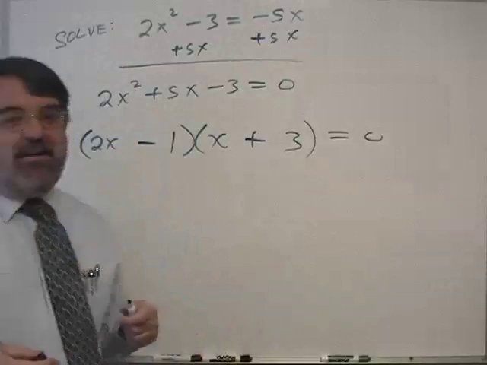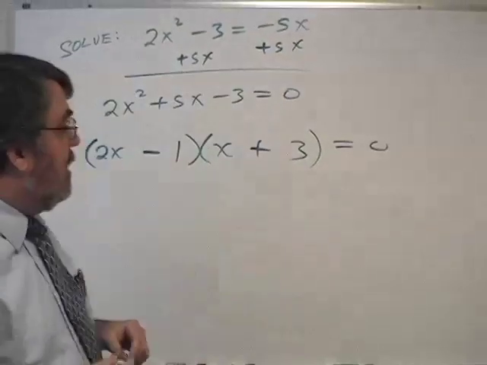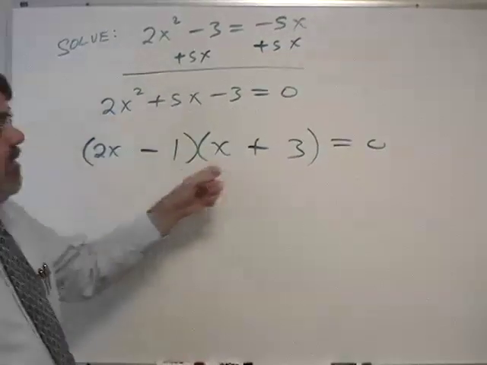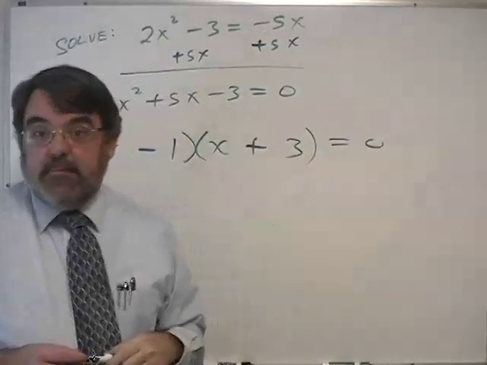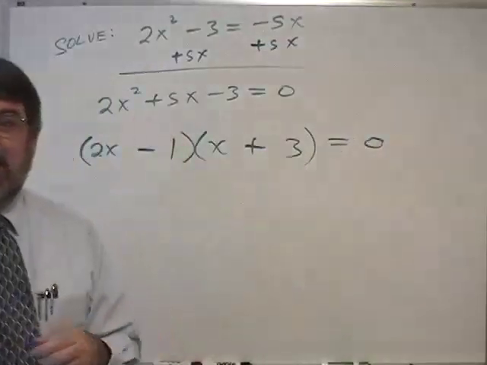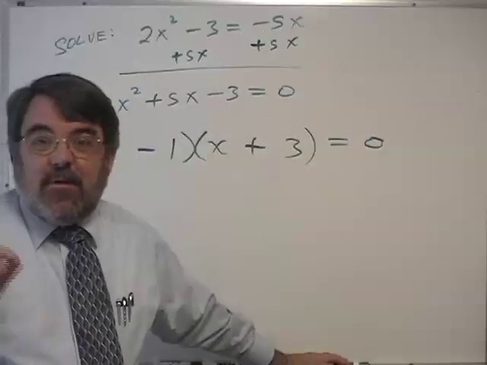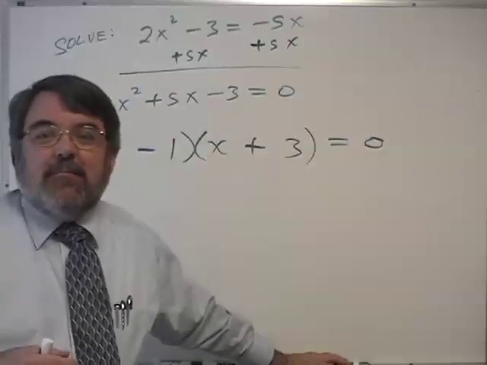And here we come to the small miracle in all this. Why are we factoring? We're multiplying two numbers together and we're getting 0. And what happens when you multiply two numbers together to get 0? Doesn't that mean that at least one of those numbers has to be 0?